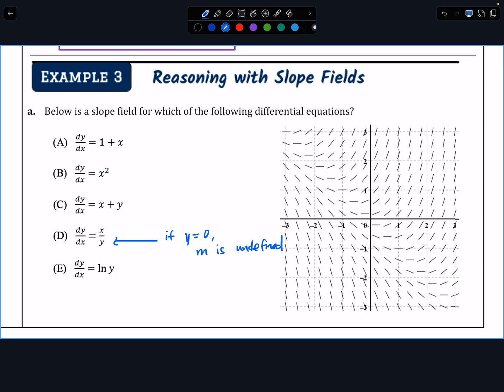So if I look at my graph, this one, it's actually hard to tell. On a slope field, doesn't undefined slope mean this? Usually what I've noticed is that on the slope field, there won't be any hash marks. So if it's undefined, it'll be blank. Do you guys see how on the x-axis, there's technically no tick marks? So this actually could be the correct answer then. I'm going to put a little star next to this one because that could be the answer, okay?